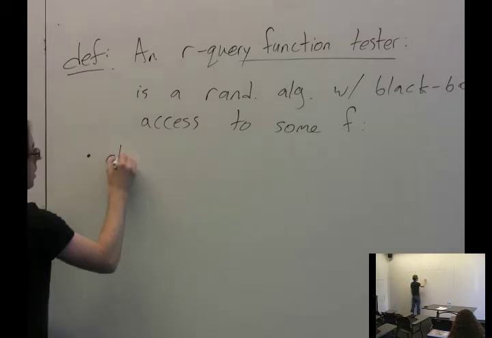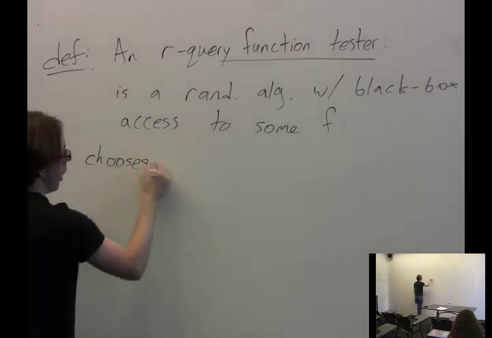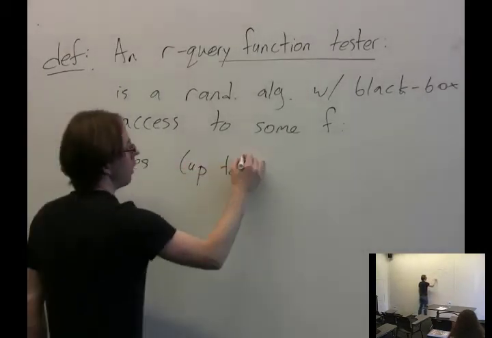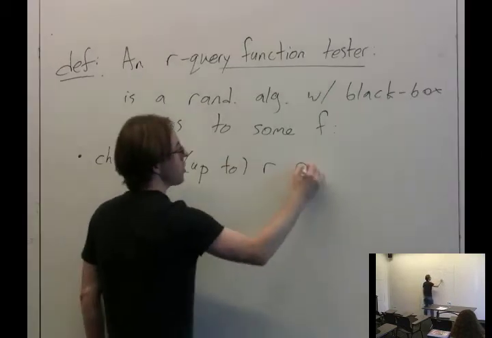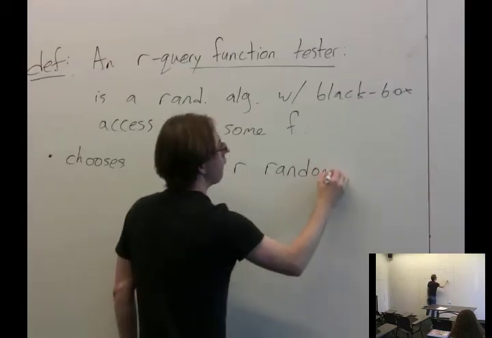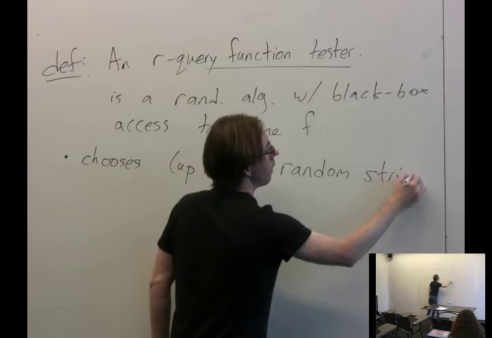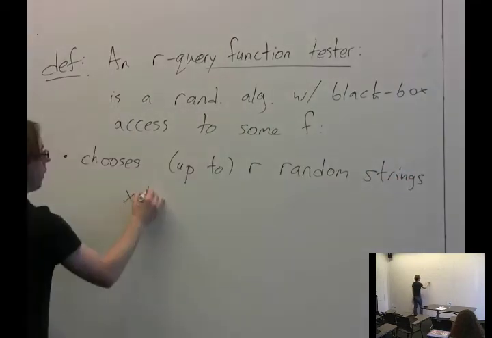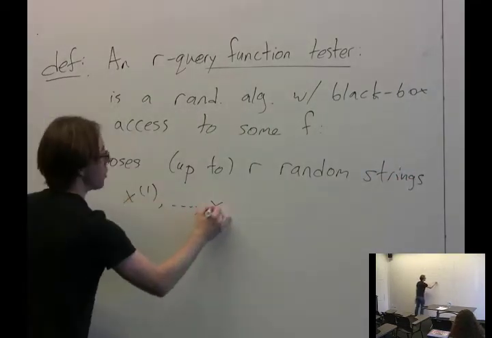First, it chooses, let's say, up to r random strings, inputs, which we'll call x superscript 1 through x superscript r.